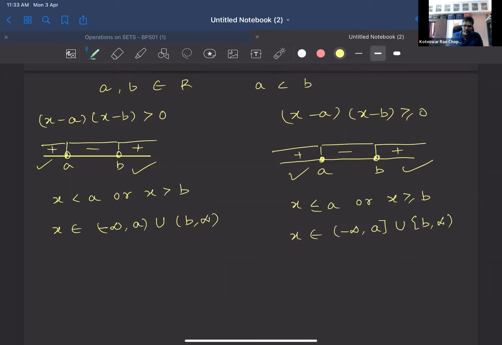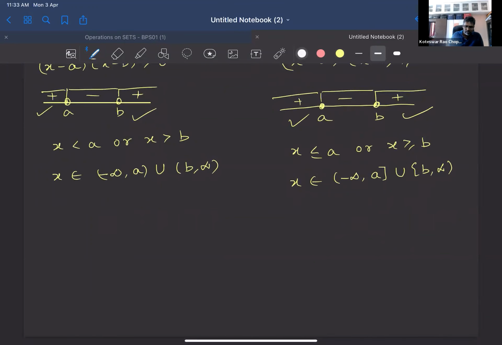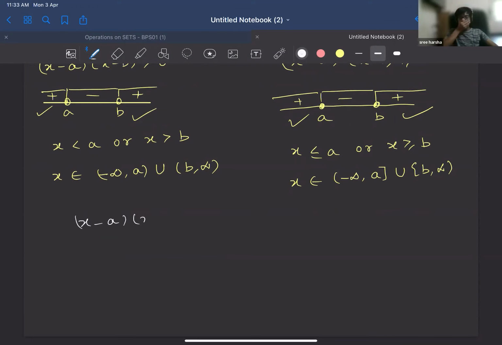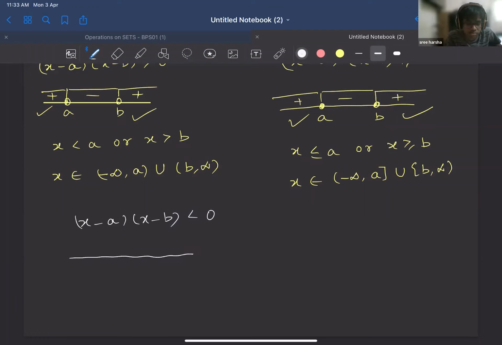Now, instead of greater than or equal to, suppose you have less than. So x minus A into x minus B is less than 0. What will happen? Your critical points are still the same, but your solution is different. You still have open circles here because it is less than, not equal to.